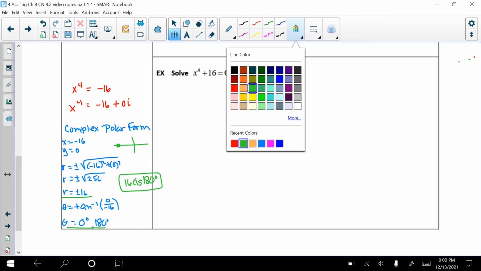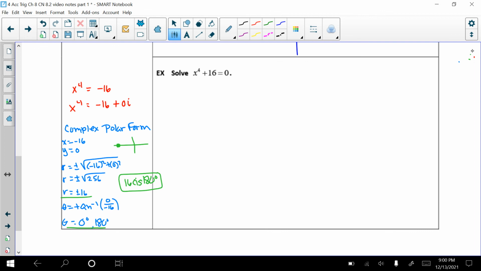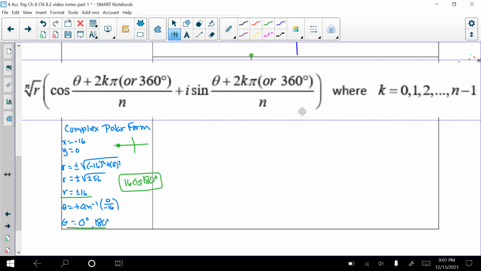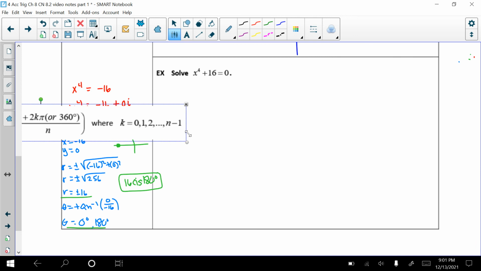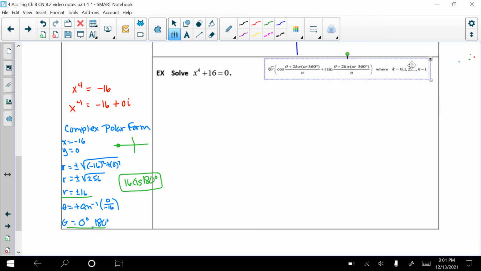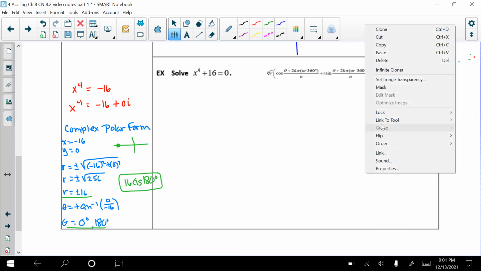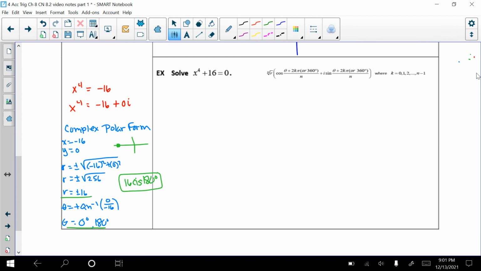All right, now that we have that, we will utilize our formula. So one last time, I'll copy the formula so it's right in front of you. Okay, just making sure things don't swim around on me. All right, we are ready. So getting that started, I need the nth root of r. Well, because this is degree 4, n is 4 for us.